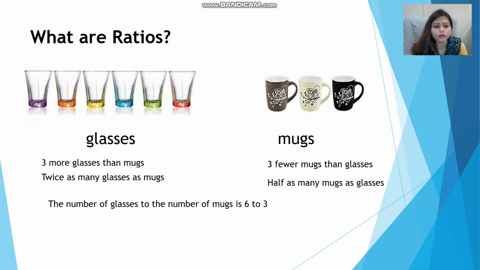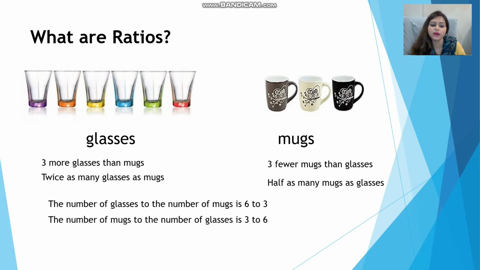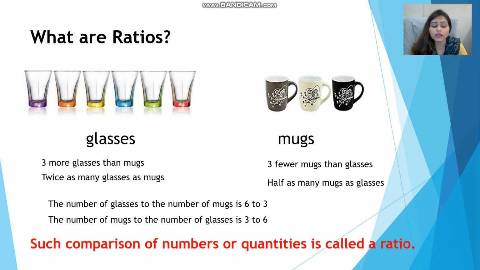Some may have thought that the number of glasses to the number of mugs is 6 to 3, or the number of mugs to the number of glasses is 3 to 6, right? So, such a comparison of numbers or quantities is called a ratio. Or, in other words, a ratio is a comparison of numbers or quantities of different items.